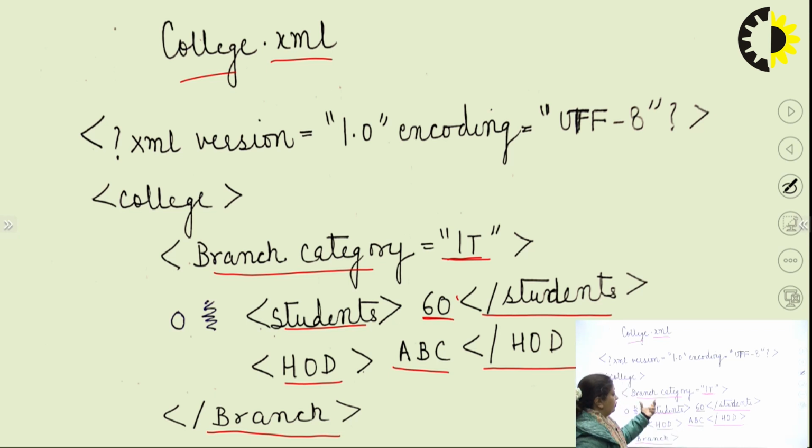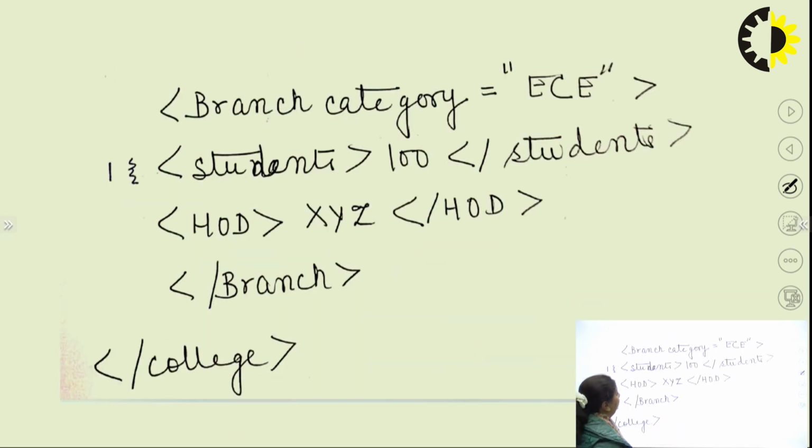Since this is my first node inside the branch category, the student, this 0 is signifying the level. So this is the first tag to which I am adding the details. Further adding details for the branch category. The previous one was branch category IT.